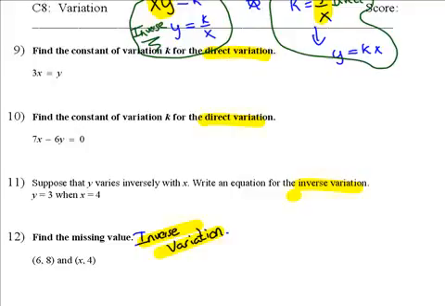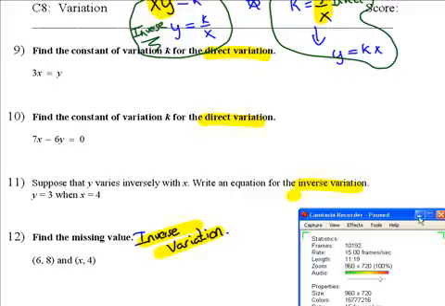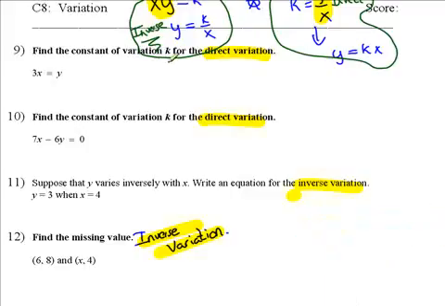But notice this question doesn't say, find the constant of variation. The constant of variation is just the k value. And in fact, in the directions, they tell us right there it's the k value. So it's kind of nice. They told us that. This is direct variation, so I'm using this formula over here. The constant always equals the y divided by the x. So let's see if I can get y divided by x. Well, if I divide both sides by x here, don't I get 3 equals y over x?